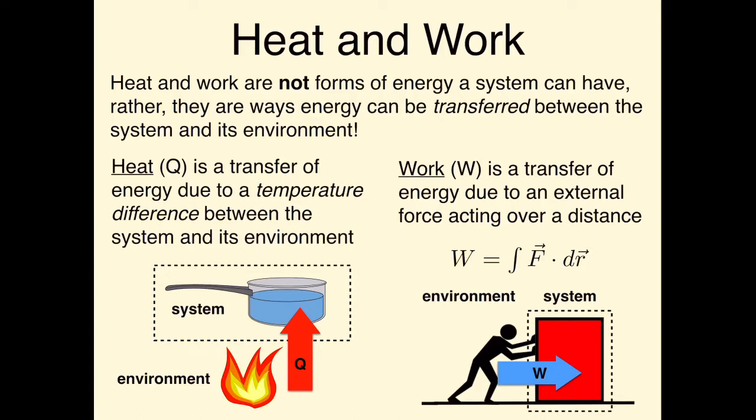And that is a transfer of energy from the environment to the system, because what's the effect of pushing the block? You're going to make it move. You're going to increase its kinetic energy, okay? So those are just two ways, basically, that you can transfer energy, heat and work. That's what you want to think about.